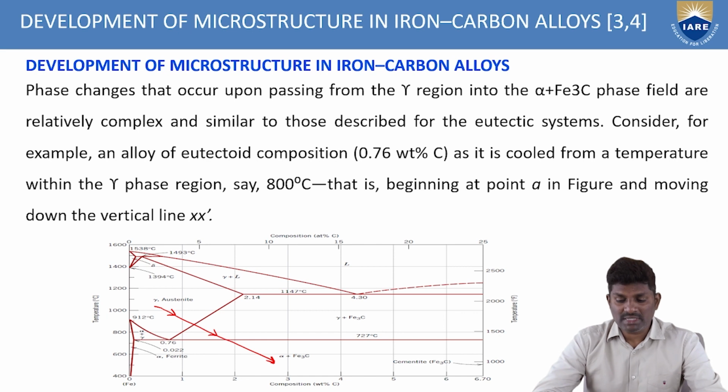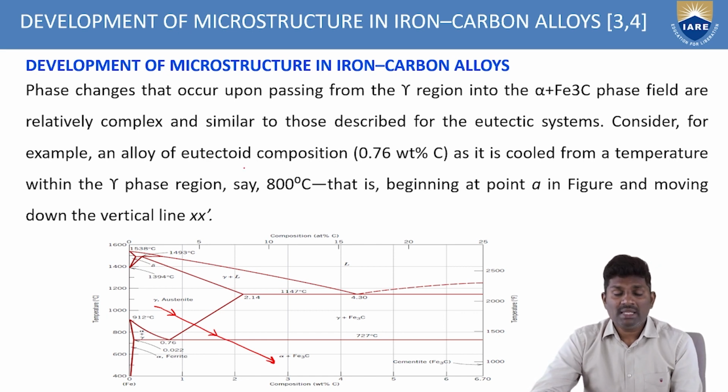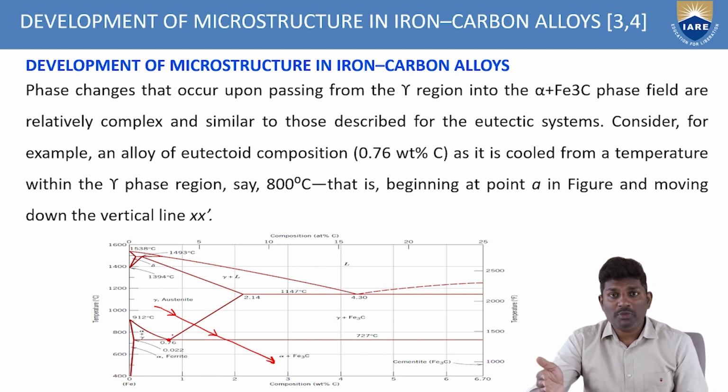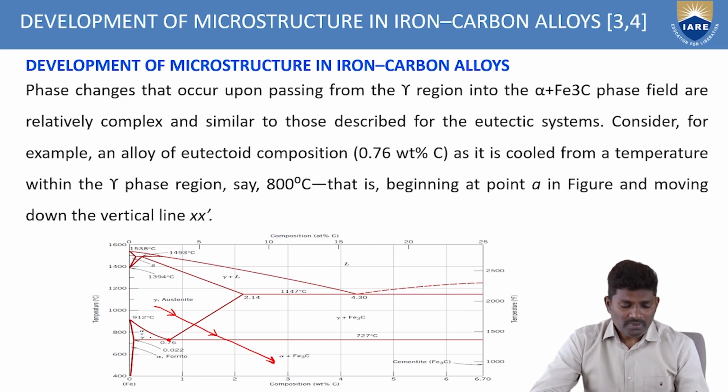Because of the change from one phase to another, we get the development of the microstructure. In this example, we are considering 0.76 weight percentage of carbon. Exactly at this point of 0.76 weight percentage of carbon, the alloy is cooled from 800 degrees centigrade within the austenite region, beginning at point A in the figure and moving down the vertical axis.